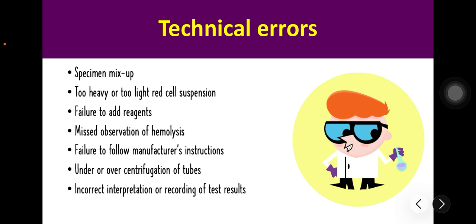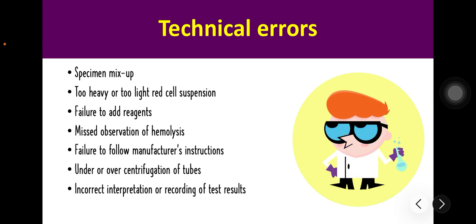So this results in a false negative result. In order to prevent this, it is a standard rule to always add the clear solutions or the reagents first and red cells second to visually confirm that both components are in the tube before mixing.